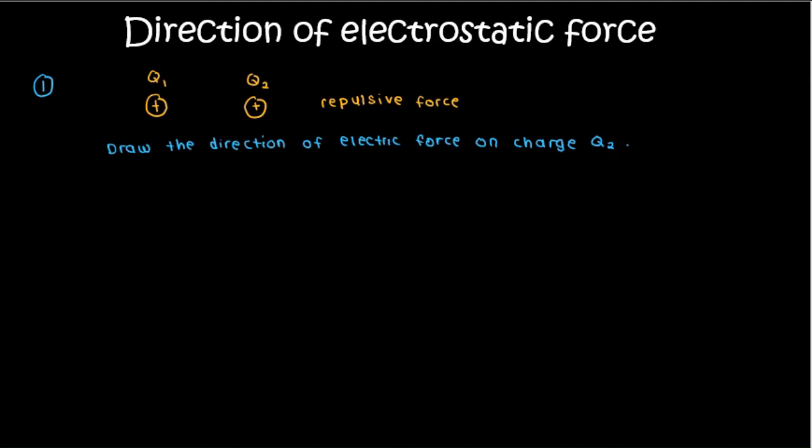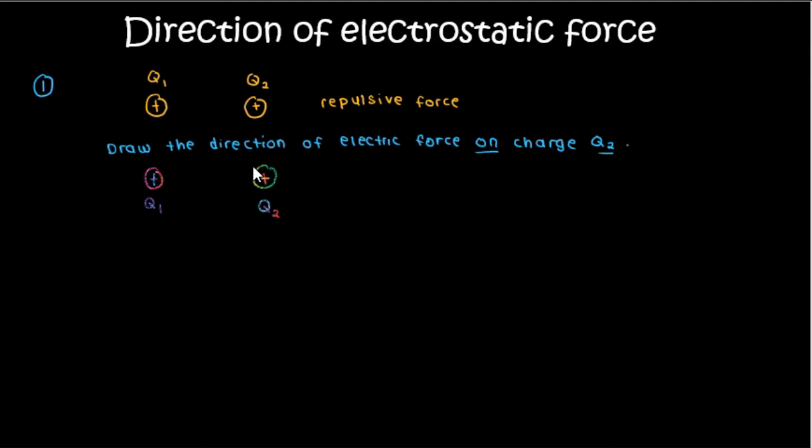The focus is the words on charge Q2. So the direction of force we need to draw is on charge Q2 only. How do we solve this problem? Draw back the charges. This one is Q1, and this one is Q2.